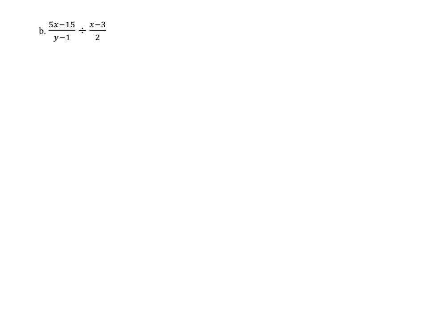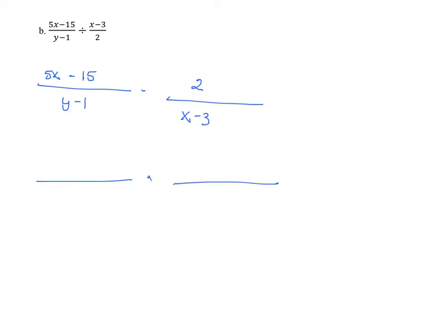All right. So before I do anything, and I know it's a pain in the butt, I keep the first fraction the same. Change the division to multiplication and take the reciprocal of the second fraction, or flip it. All math people hate the word flip it, so they use the word reciprocal.